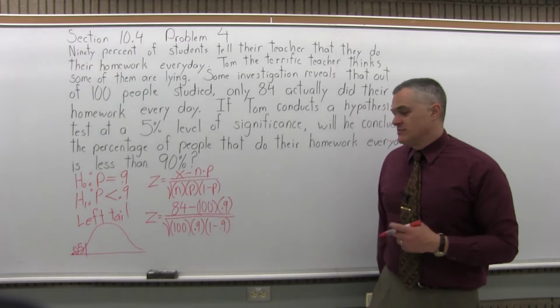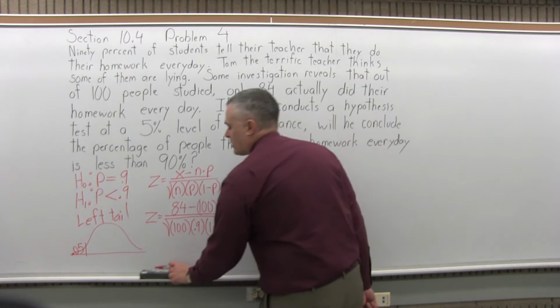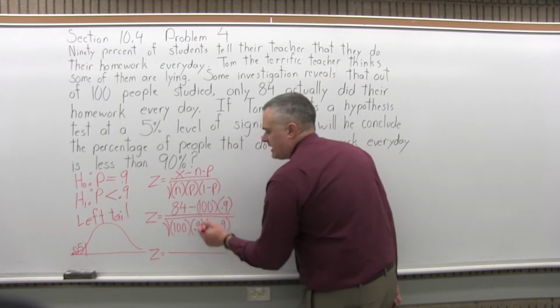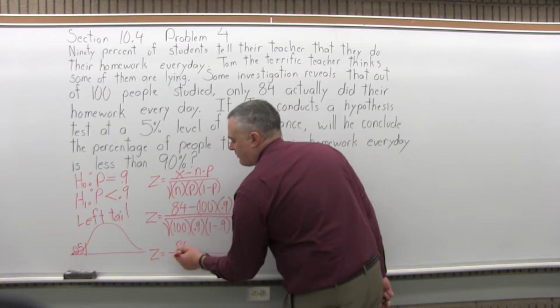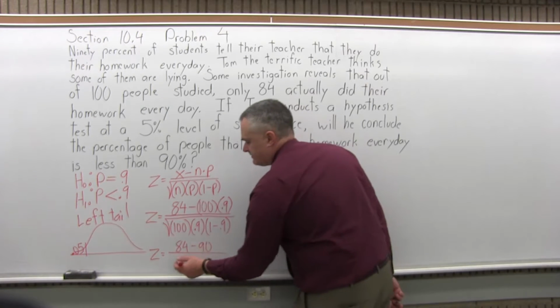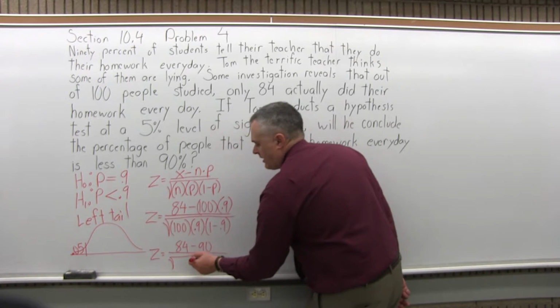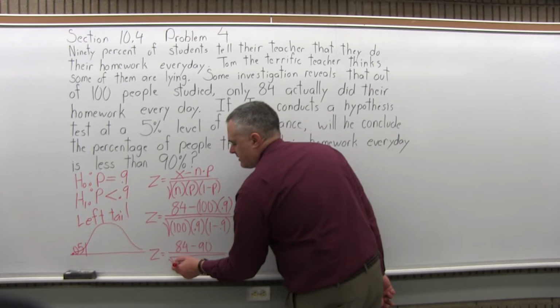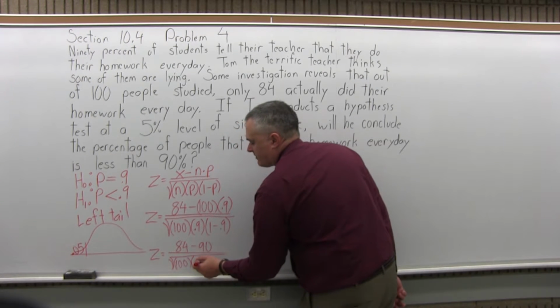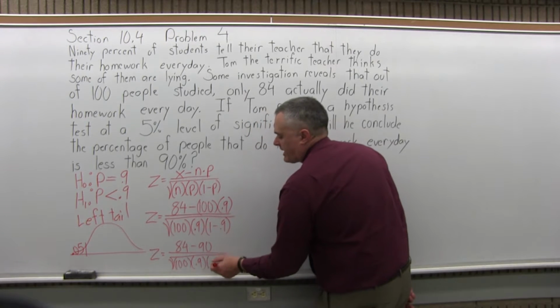Now we'll start the process of the computation. In the numerator, we will have 84 minus 100 times 0.9, which is 90. In the square root, 100 will stay for a minute, the 0.9 will stay for a minute, but I will put in 1 minus 0.9 is 0.1.